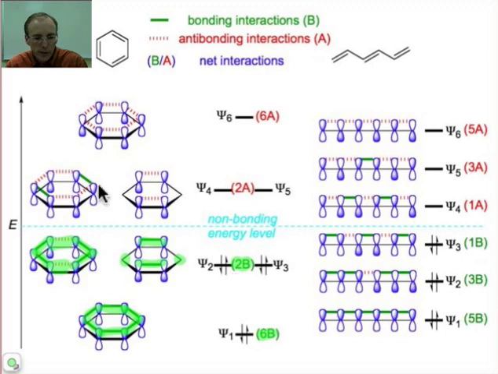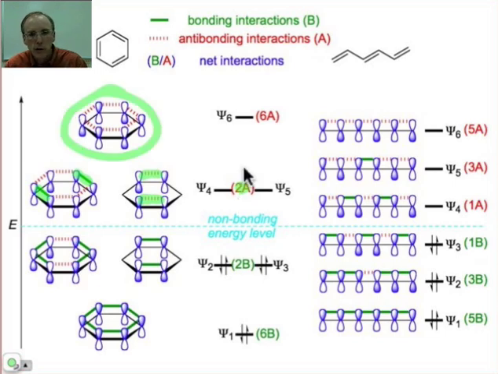In the next set of orbitals, we have 1, 2, 3, 4 anti-bonding interactions, and we have 2 bonding interactions, and so we have a net 2 anti-bonding interactions. And you can see that psi 5 has only 2 anti-bonding interactions. Both of those are degenerate, coming in at 2 anti-bonding interactions. Psi 6 has all 6 anti-bonding interactions.